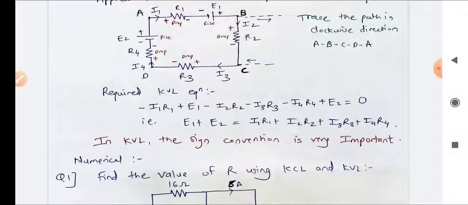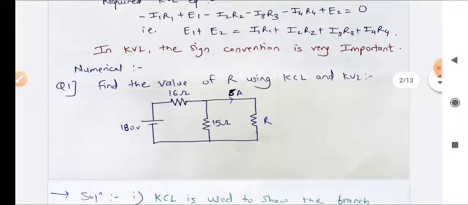See here, the sign conventions are very important while solving KVL. After giving sign conventions, we have to find out where the potential rise is and where the potential drop is present, and according to that we are going to write the equation. This KVL is generally used to calculate unknown currents in the circuit.